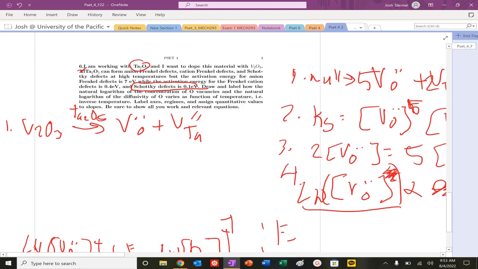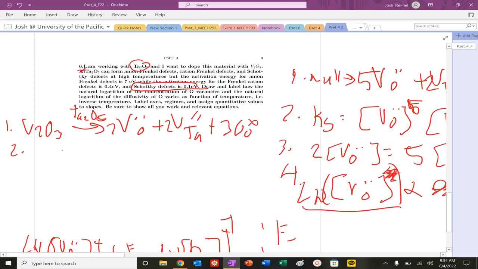Those are confusing notations, but let's just do 2 of these, 2 of these. So we're charge balanced. We're okay here. Plus 5 to plus 3, or minus 2. Good. We need plus 3 oxygen, oxygen X. Good. We're all good to go.